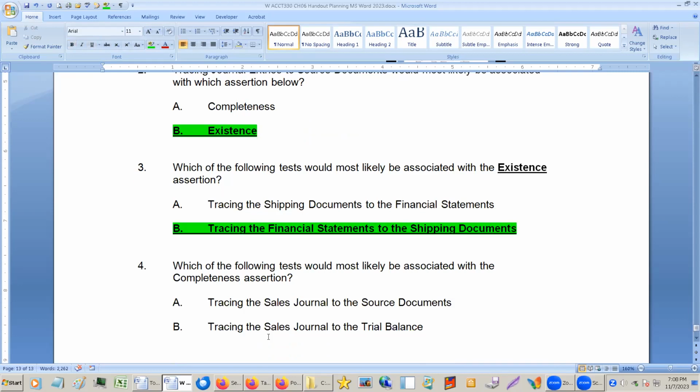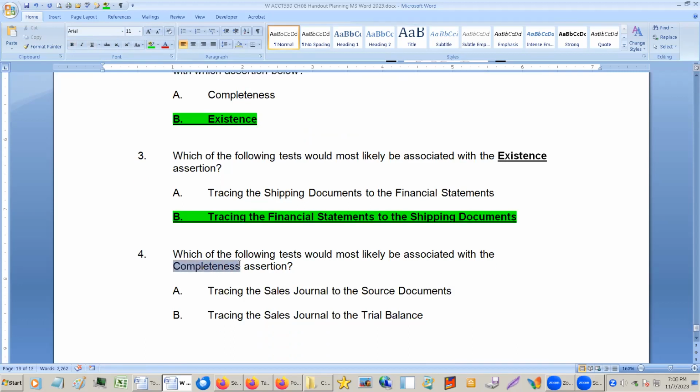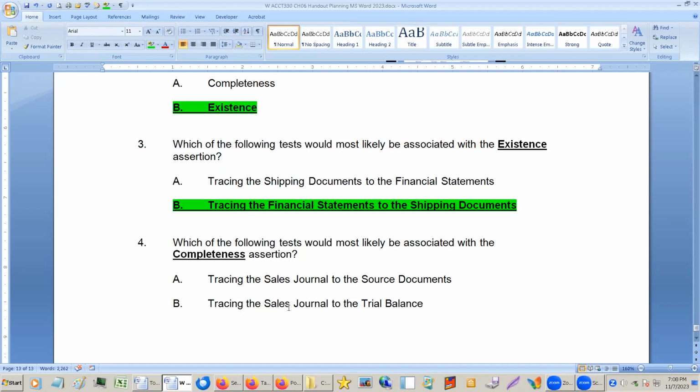And completeness goes forward. Which of the following tests would be associated with completeness? Tracing the sales journal to the source documents. Oh, this is a different way. Hold on. Or tracing the sales journal to the trial balance. Man, what wacko wrote this thing? All right.